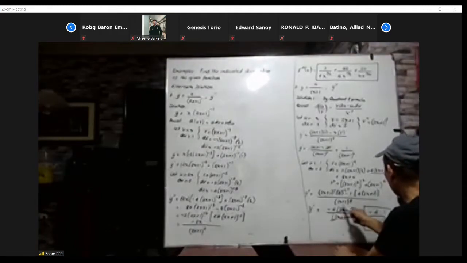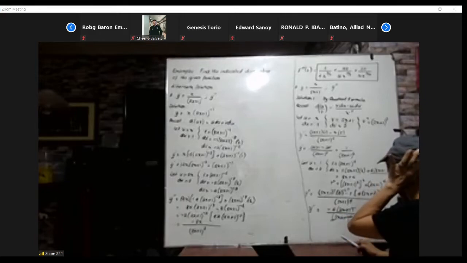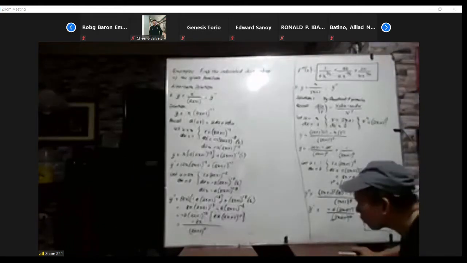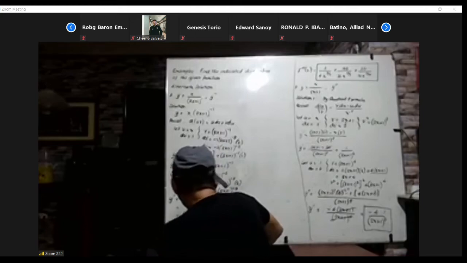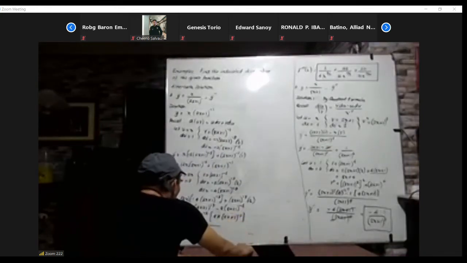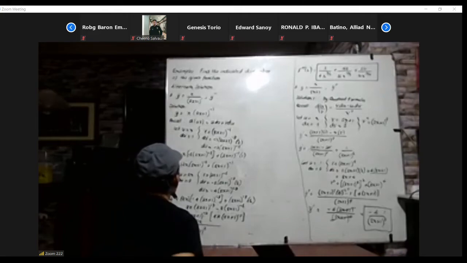Then, negative 4. Then, 2x plus 1. All over, tama naman siya. That is equal to negative 4 all over 2x plus 1 cubed. So, what happened to this one? Okay. Meron tayong something wrong with this.